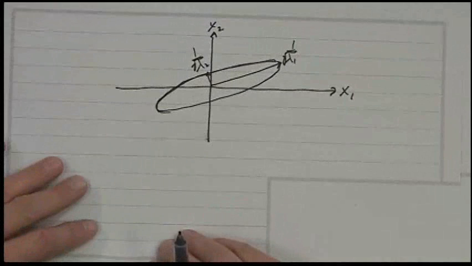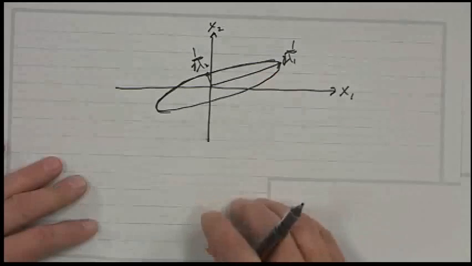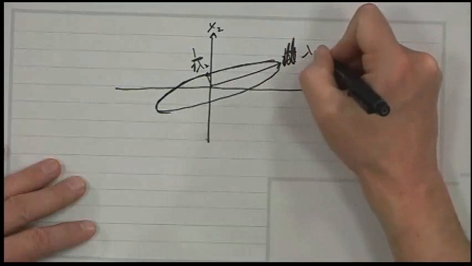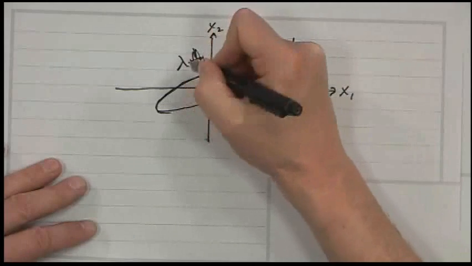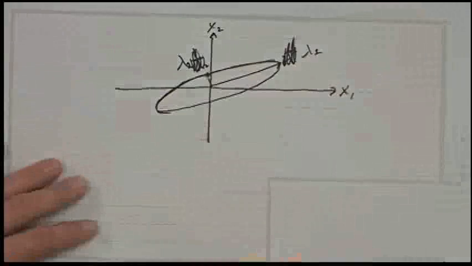Let's take the inverse covariance instead of the covariance. This needs to be the lambda ones. It's just that shape.